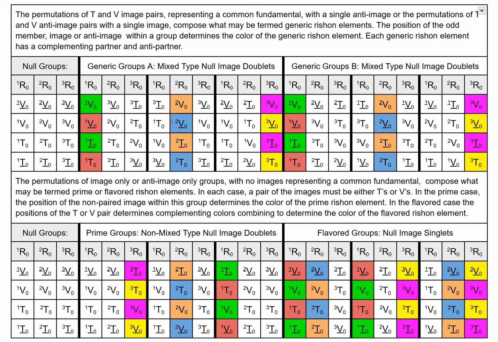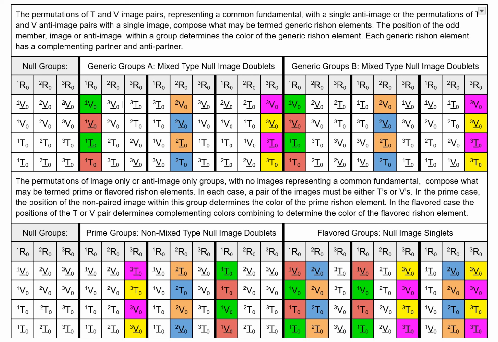We can see here single anti-images, and again single anti-images, or the permutations of T and anti-V image pairs with a single image pair.